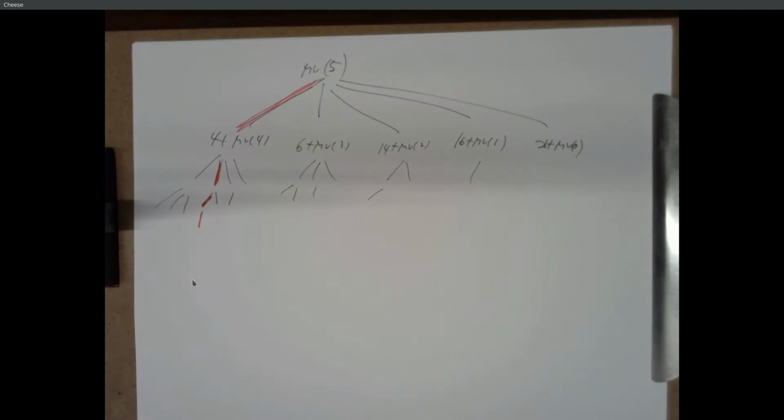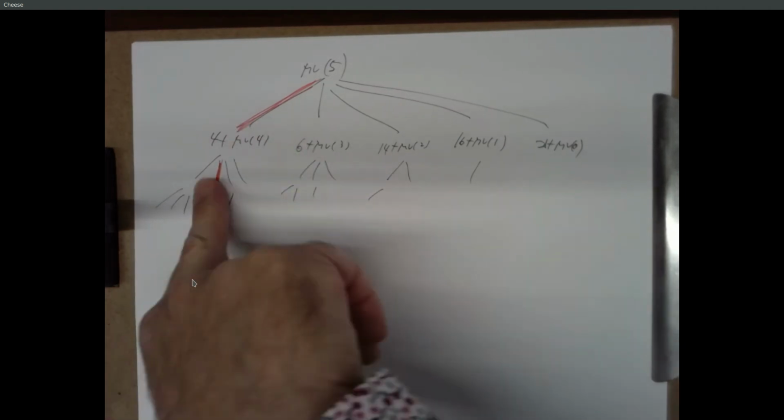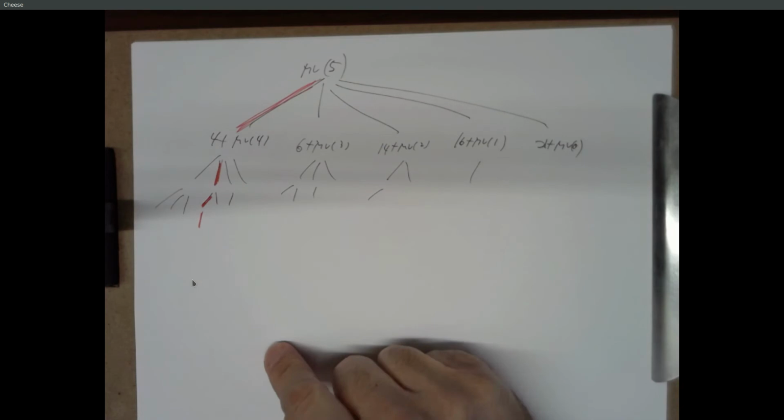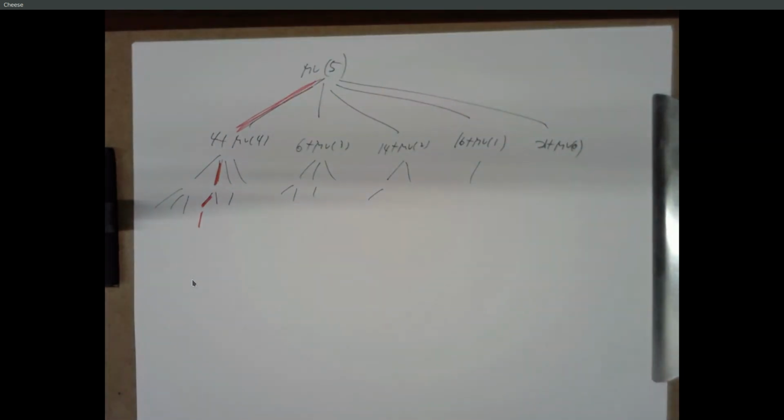So if you know the path of recursion that you took to get to the final maximum value, that contains the solution, the way that you achieve that maximum value.